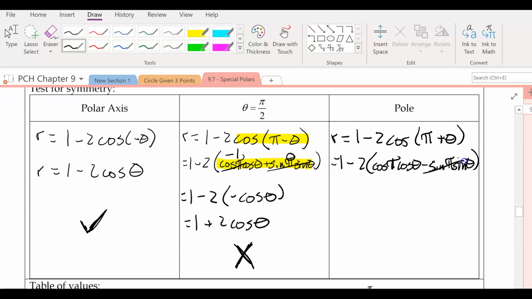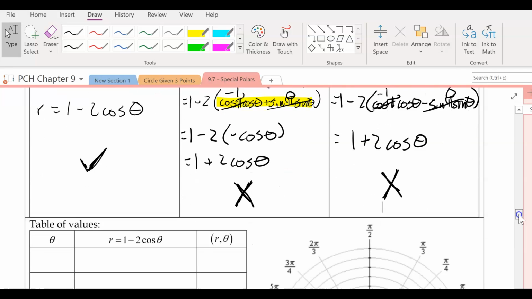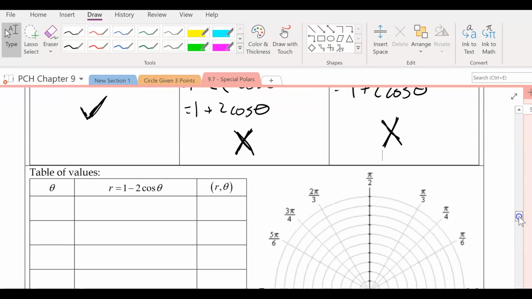Sine of pi is 0, so this whole thing is 0. Cosine of pi is negative 1. So this becomes 1 plus 2 cosine theta again, so it fails the test for symmetry with respect to the pole. These turned out the way they should have, based on what we know the shape of a limaçon looks like.